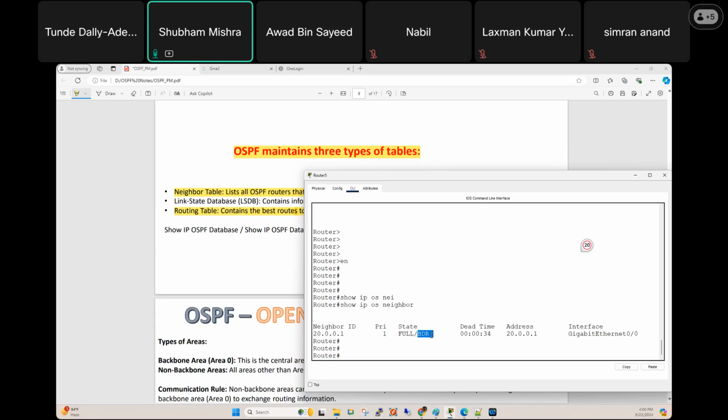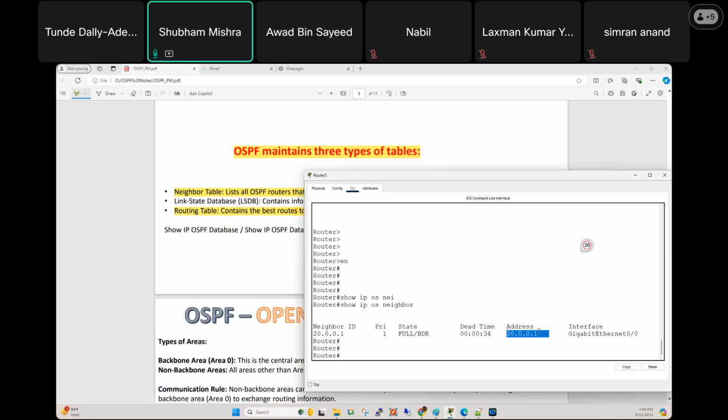When everything is done, the router moves into which state? Full state. And that full state is known as adjacency. It means now the router is adjacent, ready to exchange everything. So after full, that is adjacent. Done. Thanks.